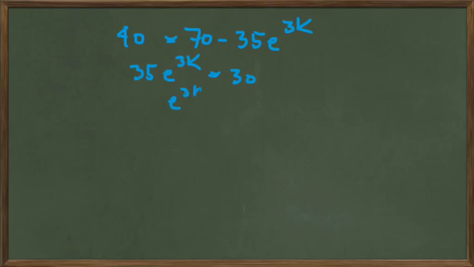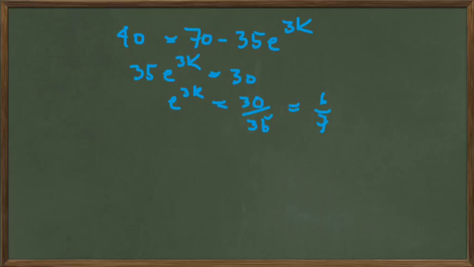E to the 3k equals 30 over 35, which is 6 over 7. Take the ln on both sides. 3k equals ln of 6/7. Actually, let's do that differently.